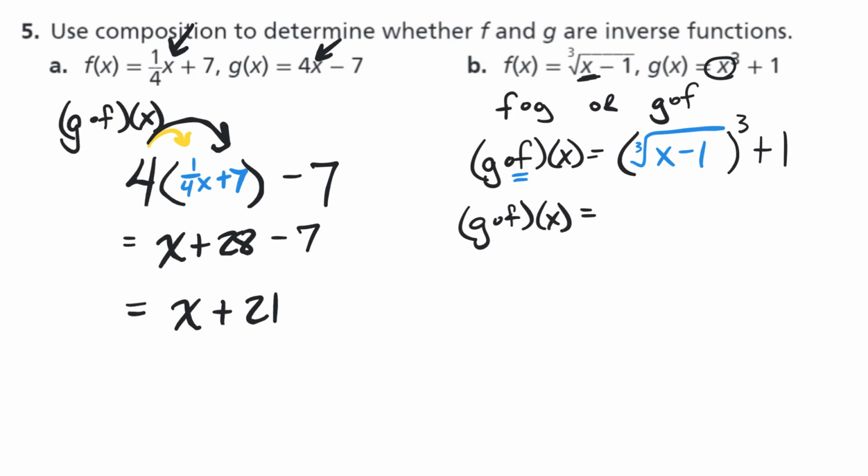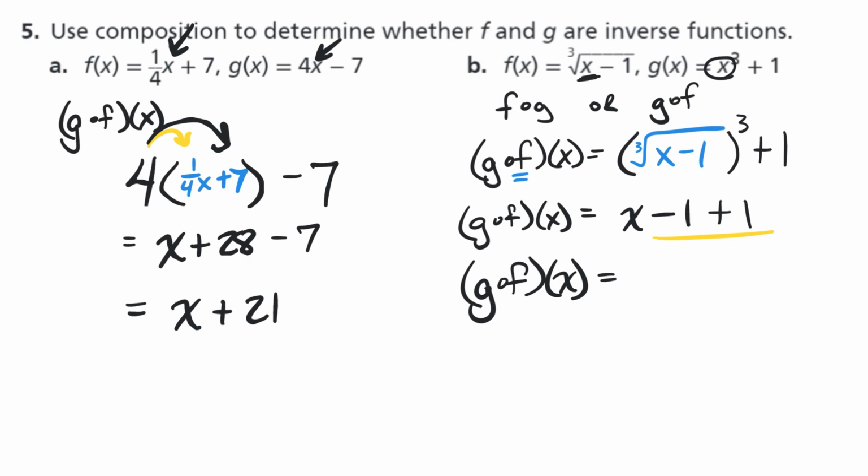Well, when we cube a cube root, they cancel, and that becomes x minus 1. We still have the plus 1 on the outside, so now we have like terms. Minus 1 plus 1 cancels each other out, so what we get is this function equal to x.